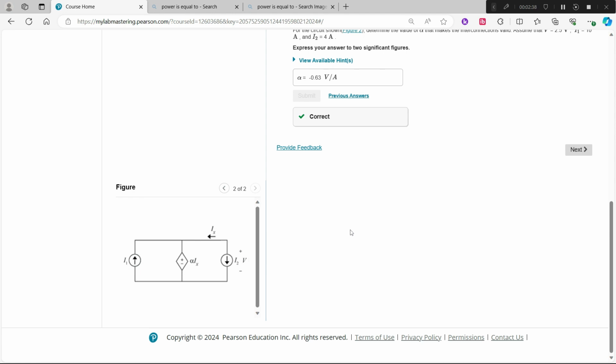Ix. And we have I2, I1. Okay, so what values are we given?